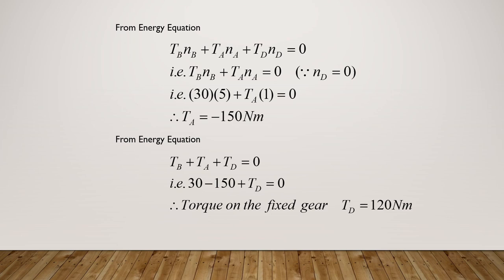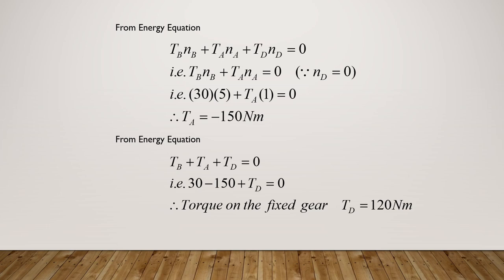The second part is to calculate the torque. We have the relation TB NB plus TA NA plus TD ND is equal to 0. That is the energy equation, where T is the torque and N is the speed.